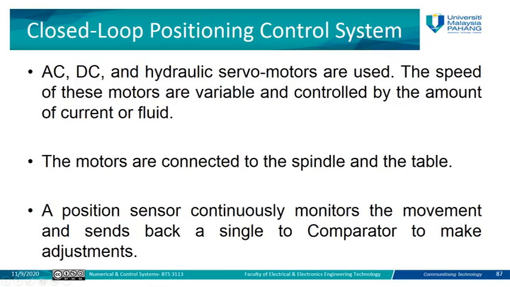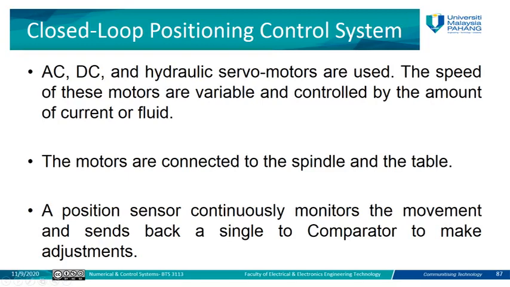Usually the motor are connected to the spindle and the table here in order to rotate the spindle or the table of the CNC machine. So the position sensor here, we said the main difference between open loop and closed loop is the existing of sensor, and this sensor usually used to measure the current or the actual position and give it as a feedback to the controller.